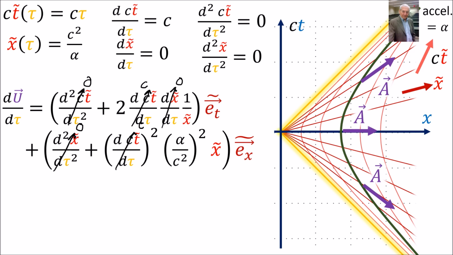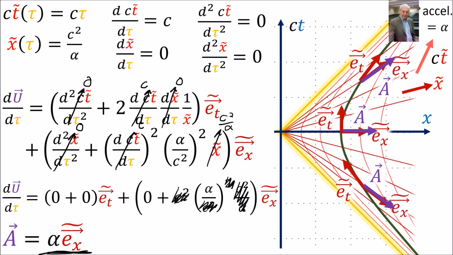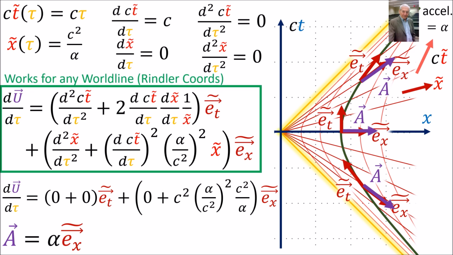We get the expected result of a constant proper acceleration alpha in the positive e x tilde direction. But again, this general formula for the four acceleration works for any world line that we can invent, as long as it is parameterized in the Rindler coordinates.